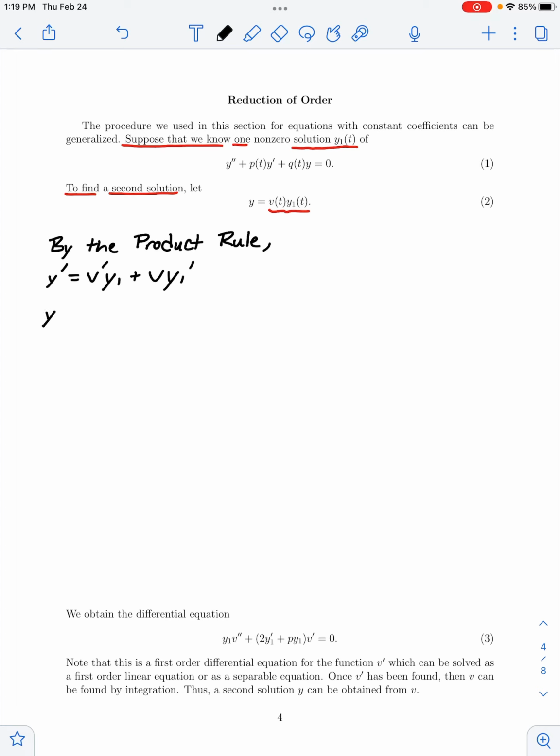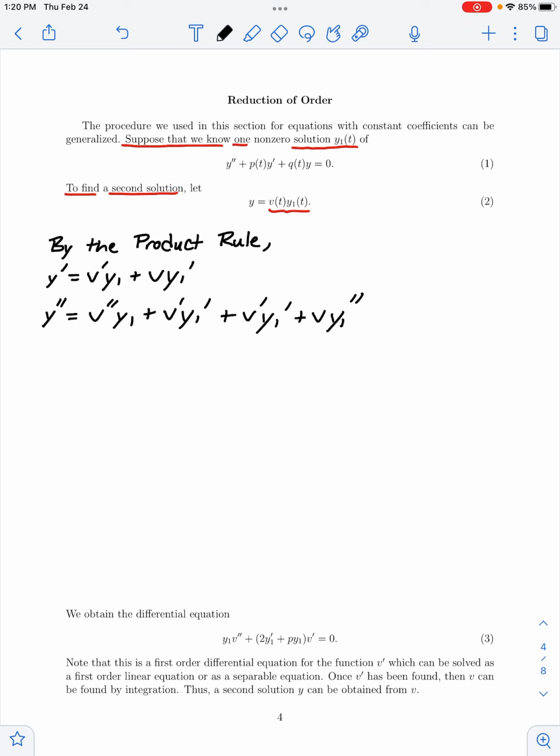And then our second derivative, y double prime, using the product rule for each of these terms, we would have v double prime times y1, plus v prime times y1 prime. And then we are adding, when we move to the second term from our first derivative, we again apply the product rule, and we would have v prime times y1 prime plus v times y1 double prime.